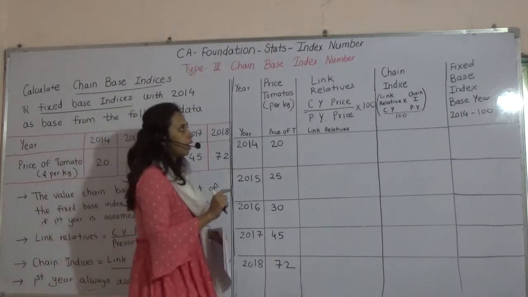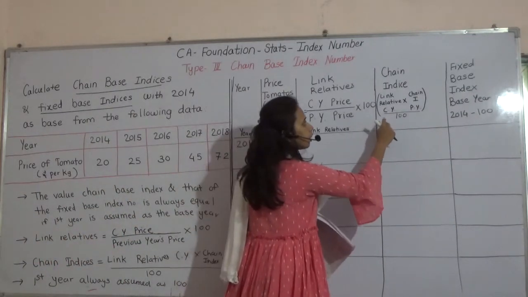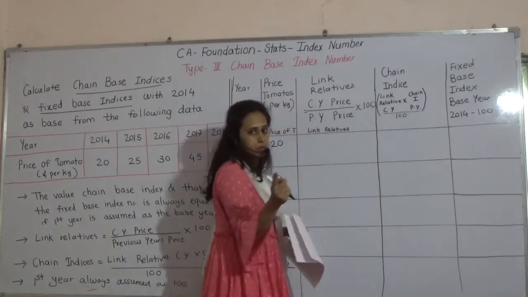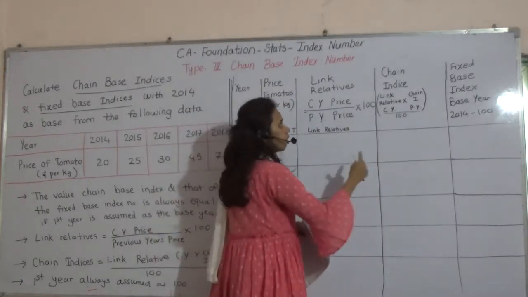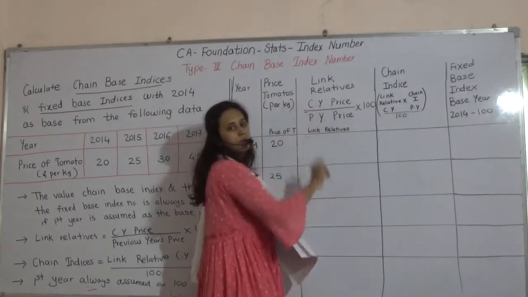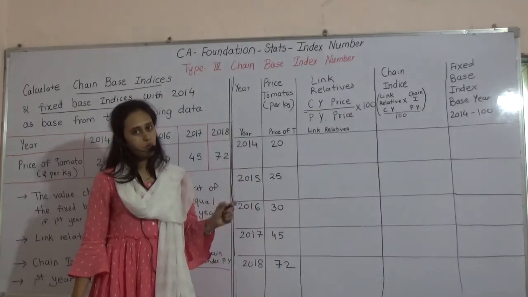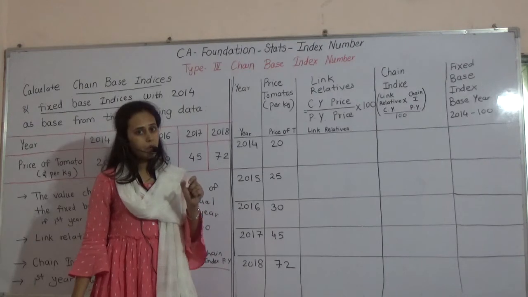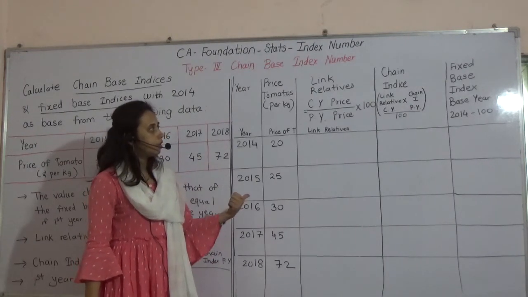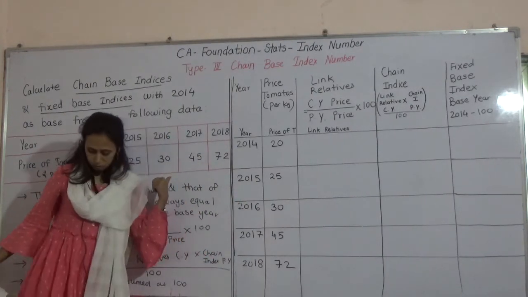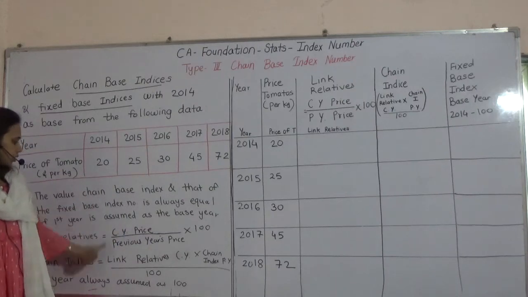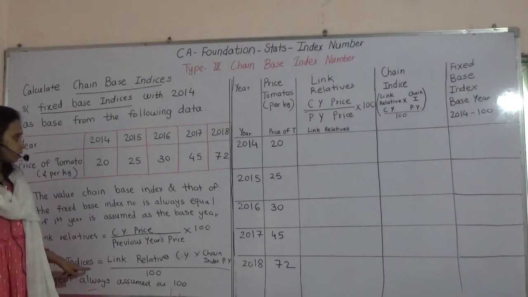Now, for calculating chain indices, first you have to calculate link relatives. What I am telling you, for calculation of chain indices, first we have to calculate link relatives. I have already given this formula over here. Link relatives, chain indices.